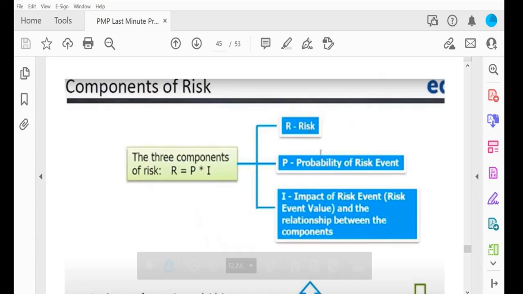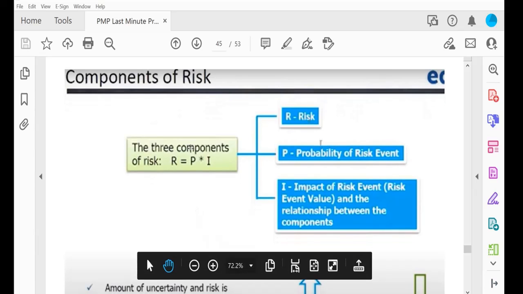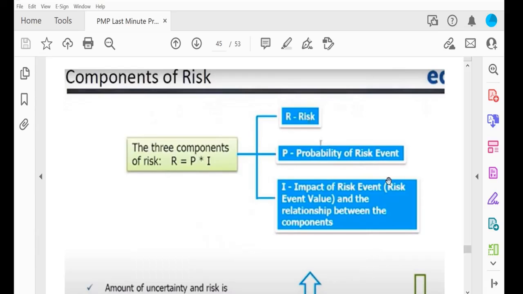And next is the components of risk. There are three components. One is probability, that means P, the probability of the risk event, and I means the impact value of the risk event.